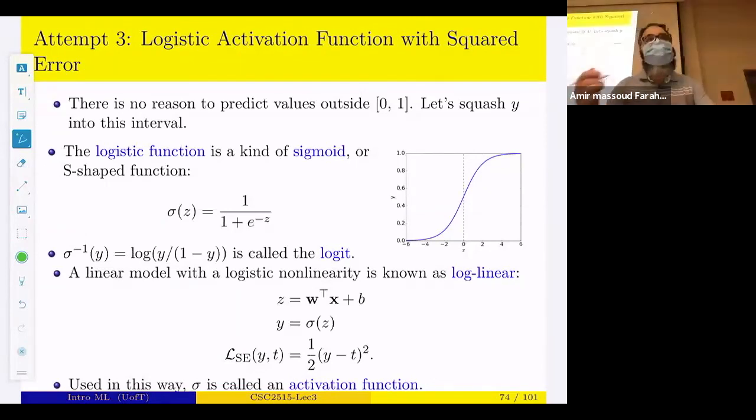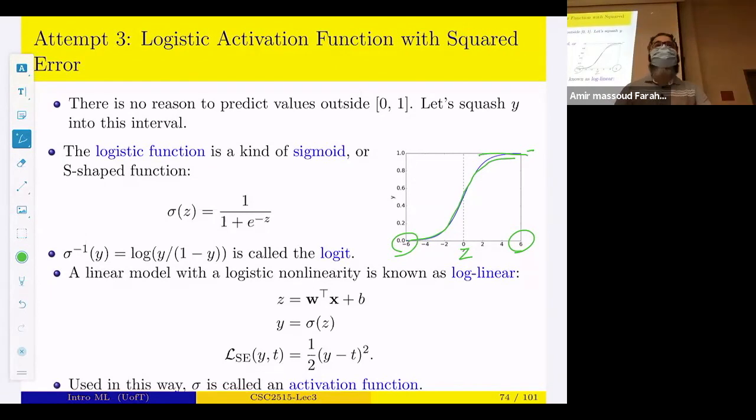So this is our third attempt. So this is z. If z is very positive, we say that the output of our model y would be 1. If it is very negative, like -6, the value would be 0. But in between, the behavior is nice and smooth.